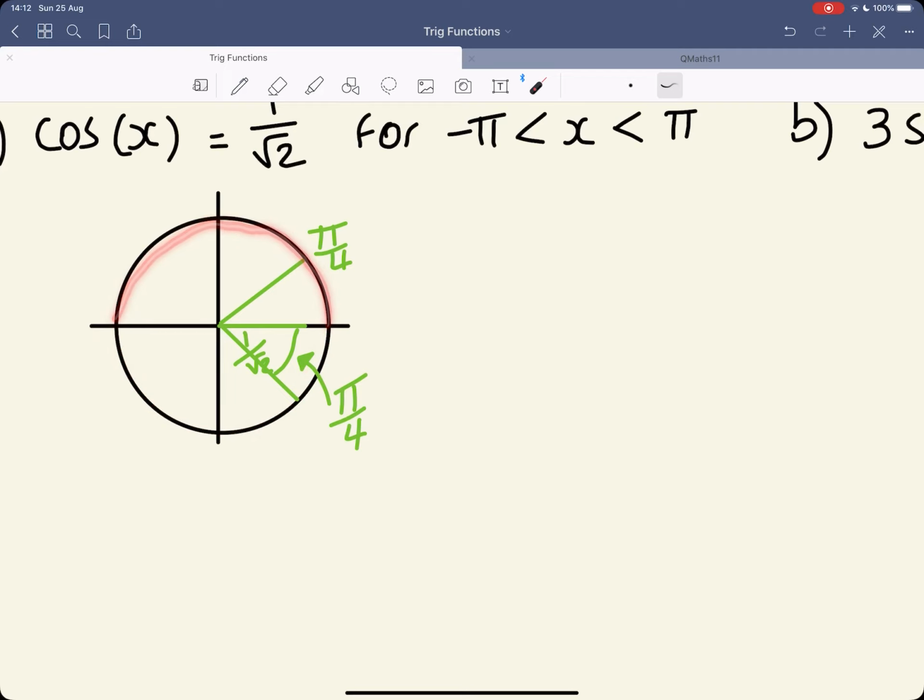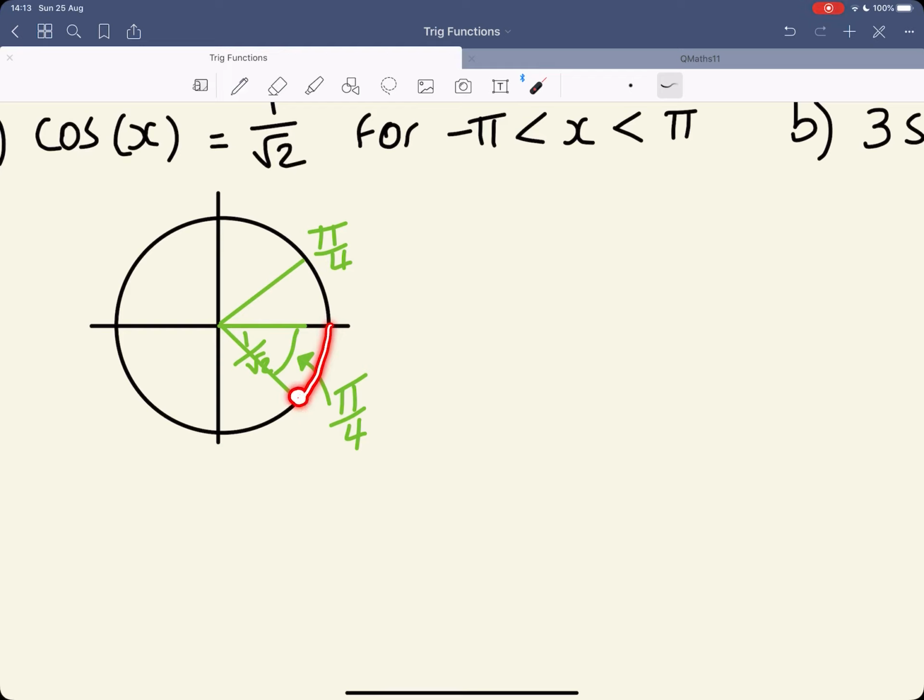I am including the entire circle, but it's between negative pi and positive pi. So we don't go around like this to get to our point here. We have to go this way because we're going to negative pi.